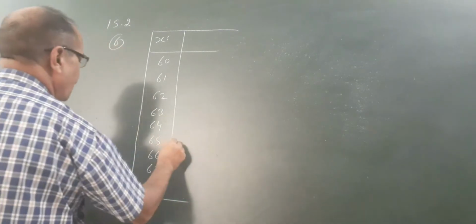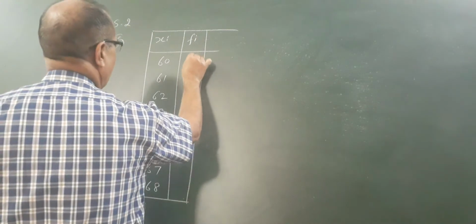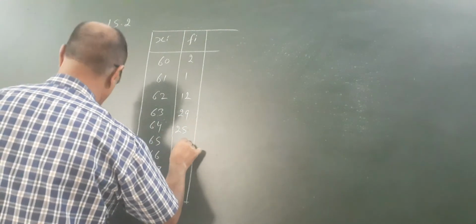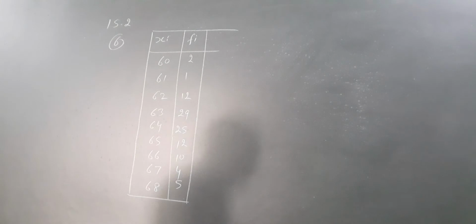These are the values of x, and the frequency, that is fi, is 2, 1, 12, 29, 25, 12, 10, 4, 8, 5. Okay. So students, in question number 6, you have to find the mean and standard deviation of the data.